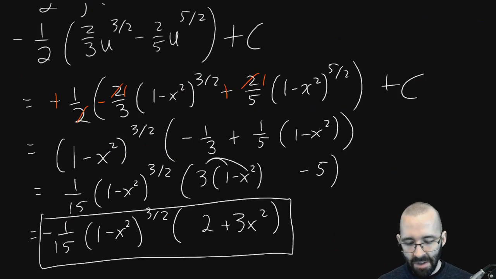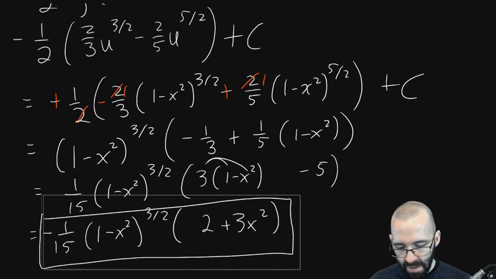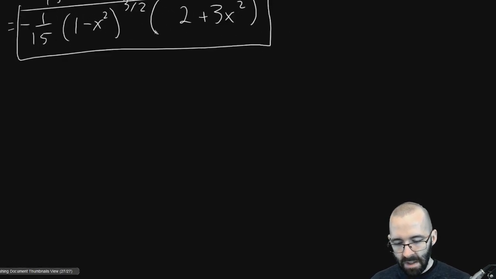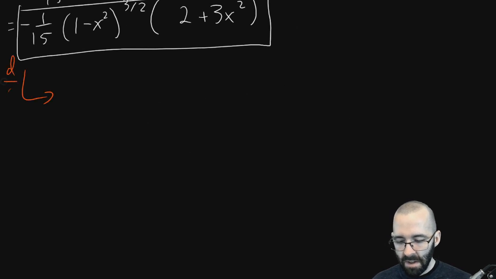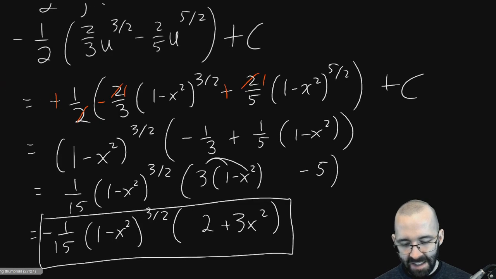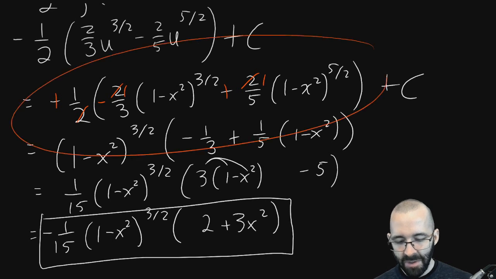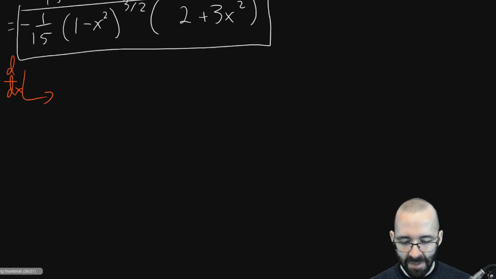All right, check our answer for this other one. Take the derivative. We have to use the product rule and the chain rule. It's actually easier to check our derivative when it was in this form, but whatever.